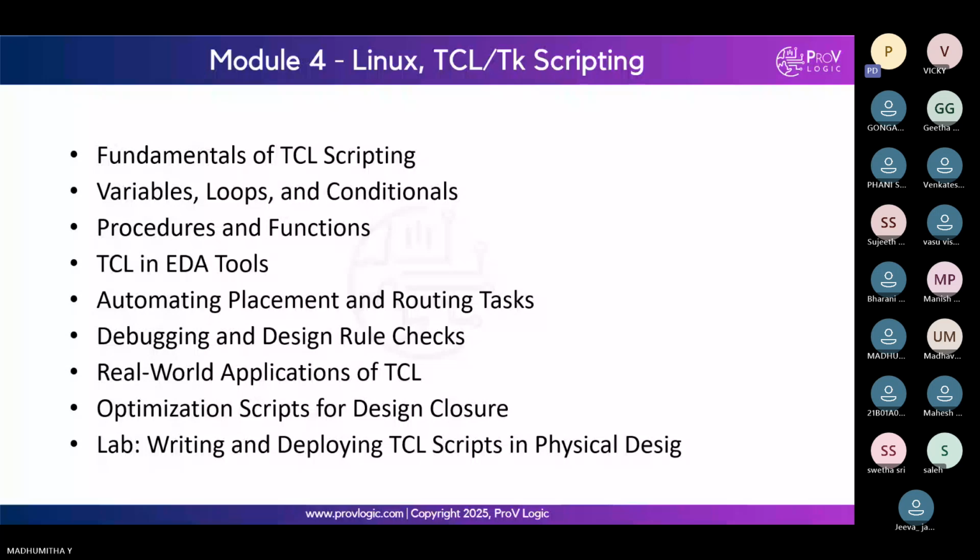After identifying this, we have to fix it. There are multiple methods to fix setup timing violations, and we have to follow those methods and fix it.